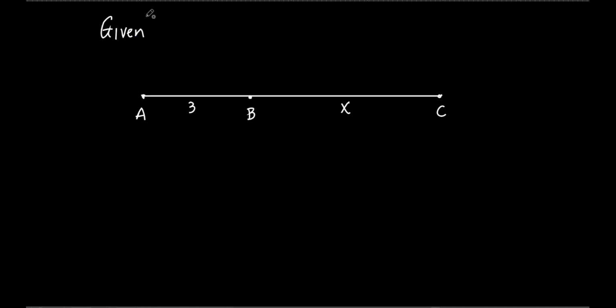Eventually they'll say that a lot. So given that AC equals, let's make it 10, you've got to solve for X. How'd you get 7?